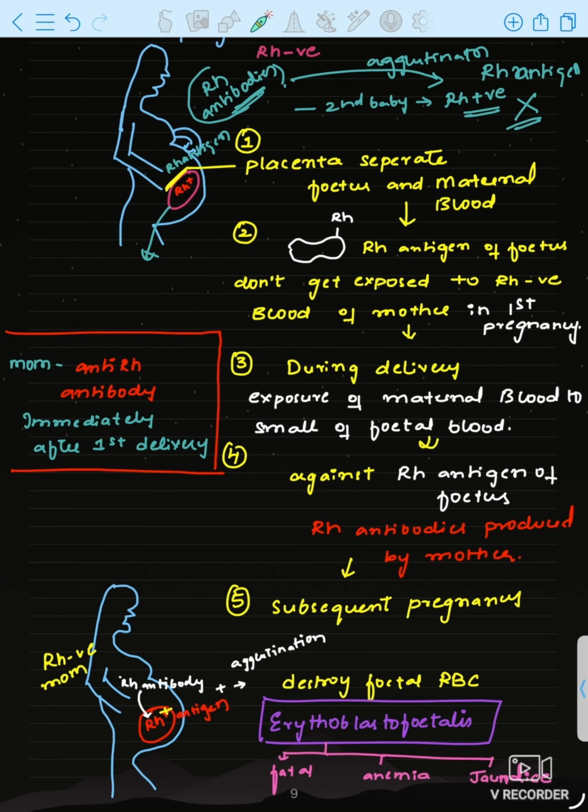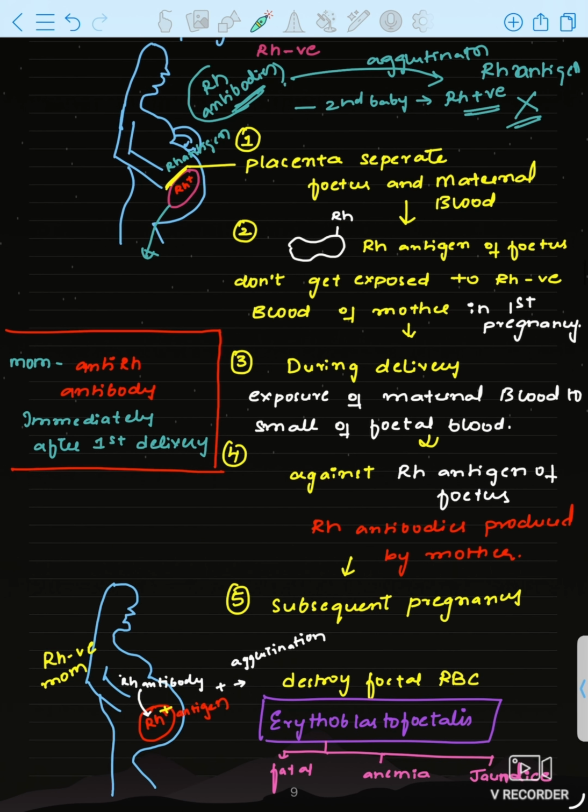Okay. So what is the condition to avoid this erythroblastosis fetalis? What do we have to do? Immediately after the first pregnancy, we have to give anti-Rh antibody. Let me explain what happens if we give anti-Rh antibody. See, now a small amount of Rh antigen blood cells, RBCs, are there.